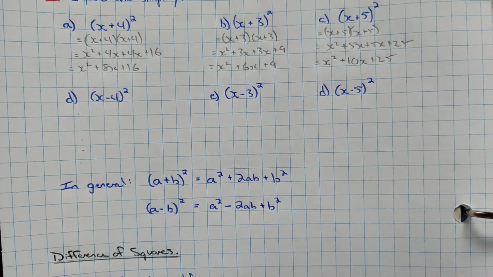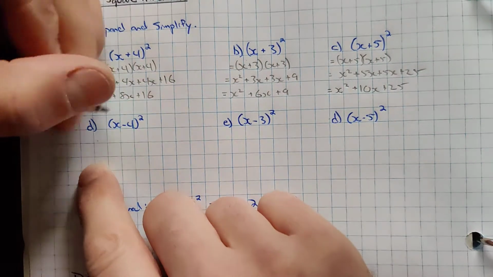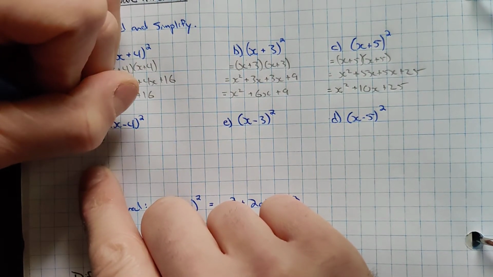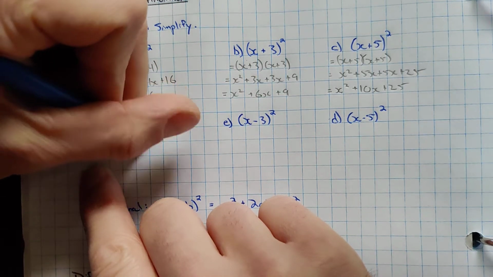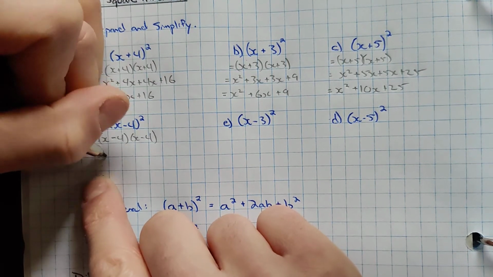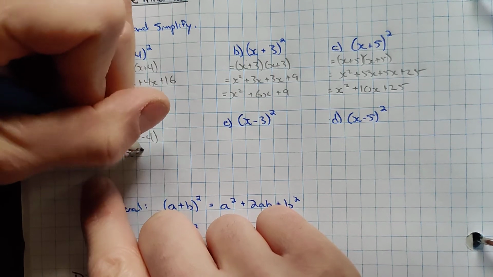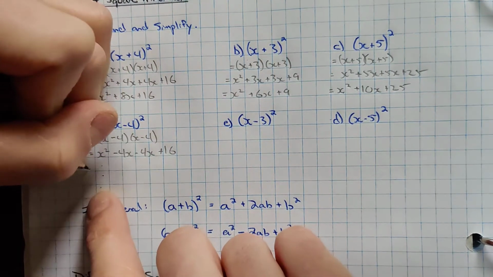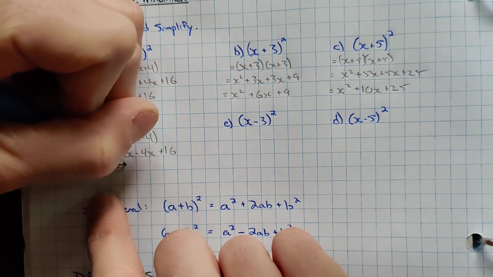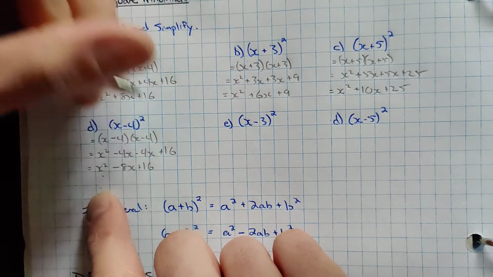In the negative situations, let's try one out, see what differences we get. x minus 4, x minus 4. So that is x squared minus 4x minus 4x plus 16. And we get x squared minus 8x plus 16.